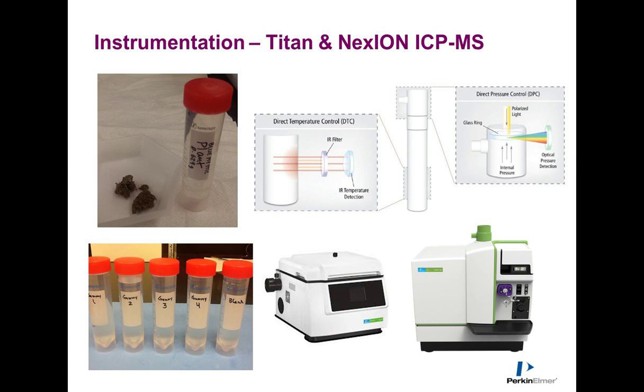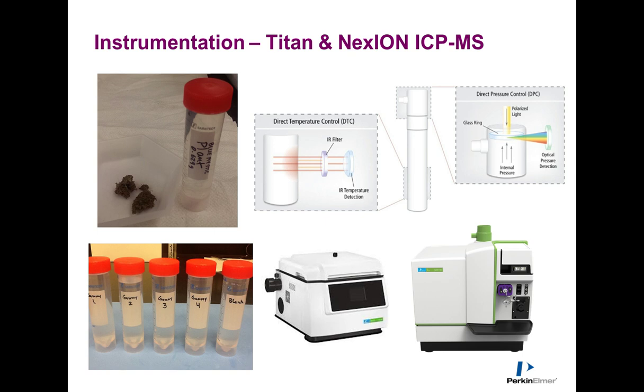PerkinElmer's microwave is unique in that it can go to higher pressures and temperatures than most, which allow a complete digestion. This is evident in the bottom left, and you see completely clear solutions. For a heavy metal digest, you want to see a clear acidic solution at the end. Any particulate or color in the solution means that it was not a successful digestion.